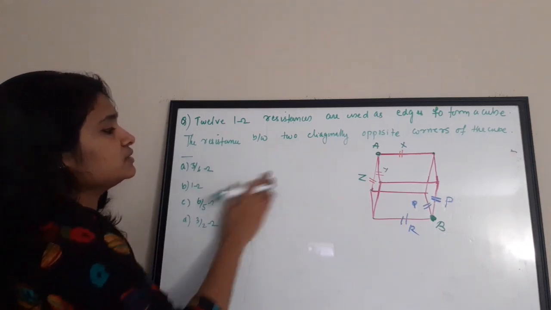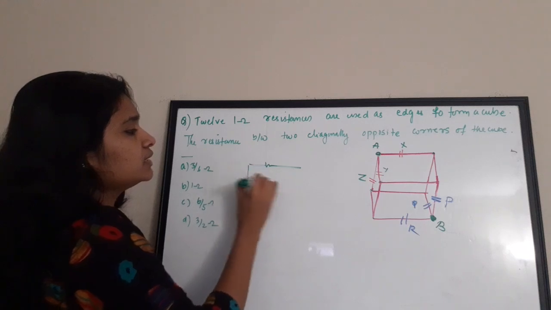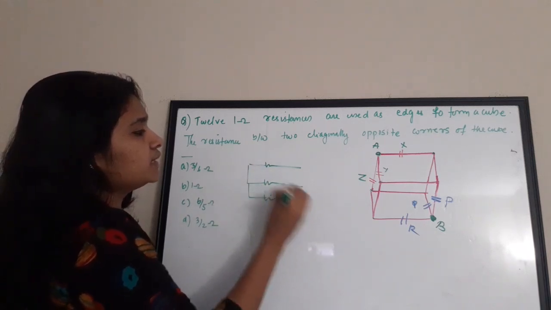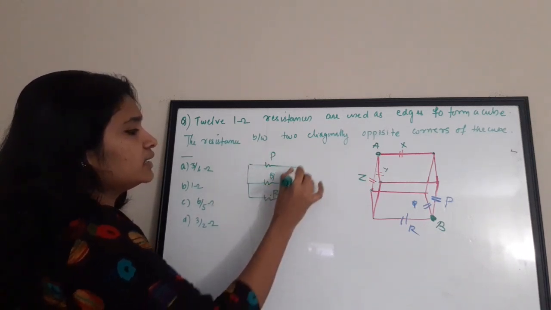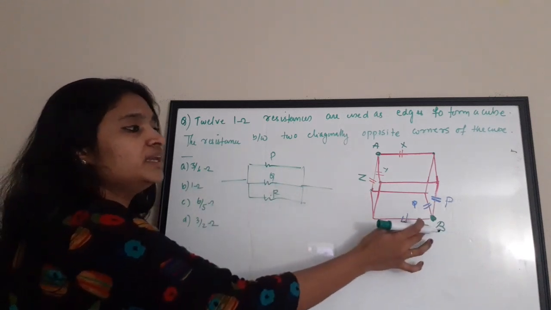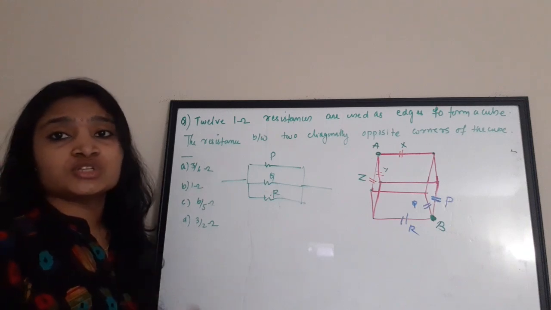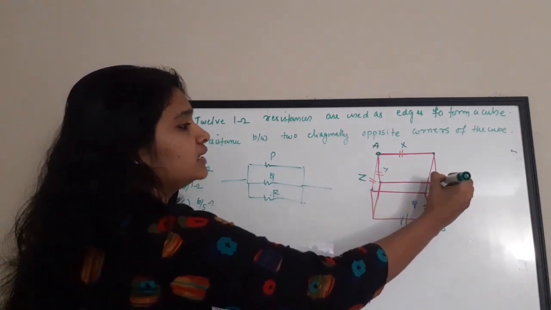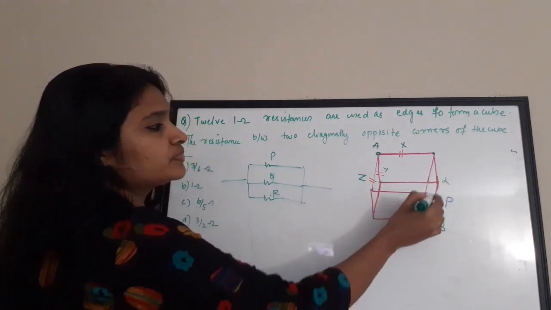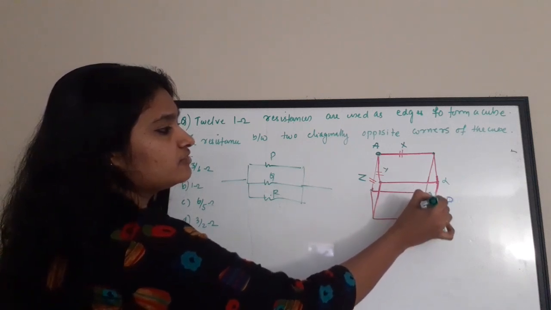I'll draw it once again. So this P, Q and R: one point is connected to B, and the other points are connected to equal potential regions. Let that be alpha, this one, and here alpha and alpha.